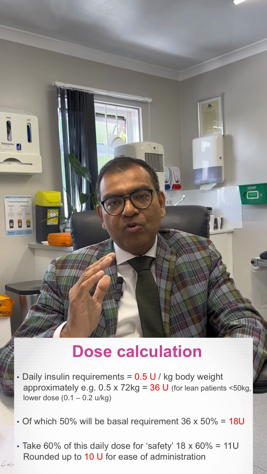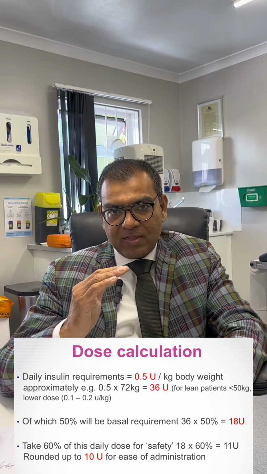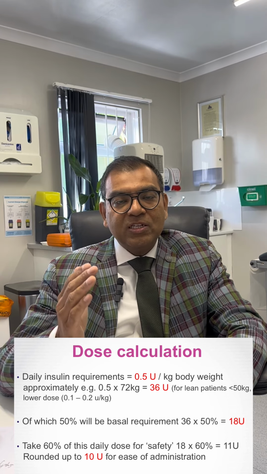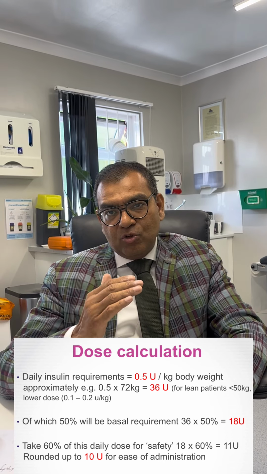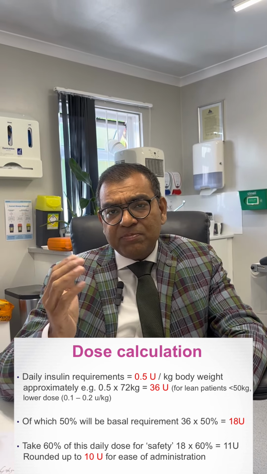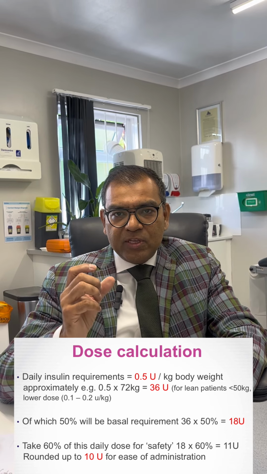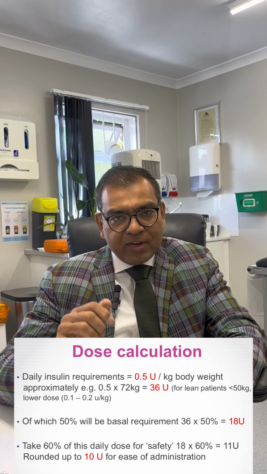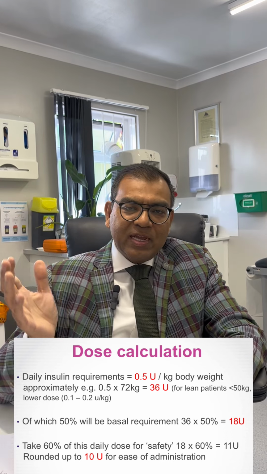So that should give you quite a lot of assurance that there's no way you're going to overdose or cause hypoglycemia, because you're starting less than half of it. So taking away 60% of 18 units will give you a number which is 11. So for the ease of administration, we round it down to 10, and that's how you arrive at a set dose of 10 units. If you're still worried, you can start with 6 units.